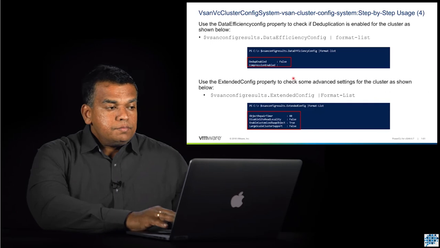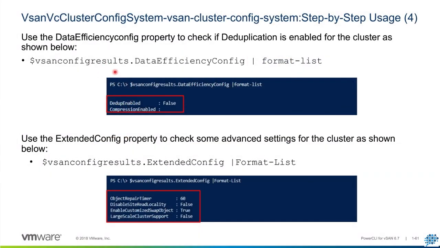So here I'm pulling out a few of the properties, like vSAN config results dot data efficiency config. If I pull out this information, it tells me that dedupe, or deduplication, is not enabled on this cluster, which is false. I am also going to look at another property called the extended config, which provides more details about the vSAN cluster.